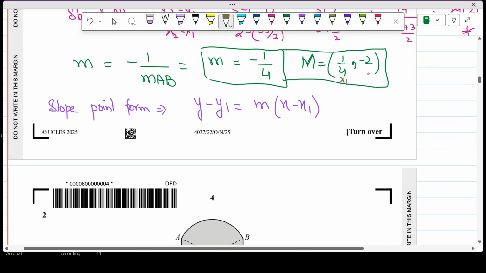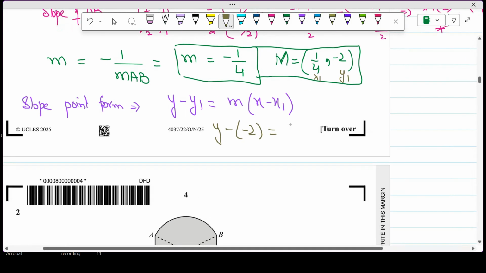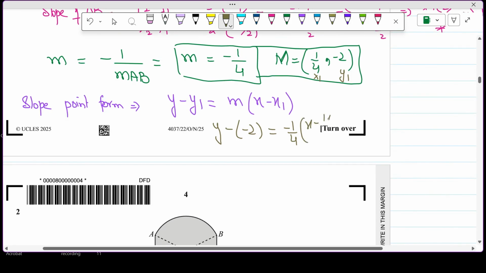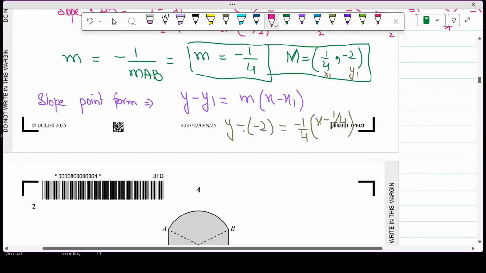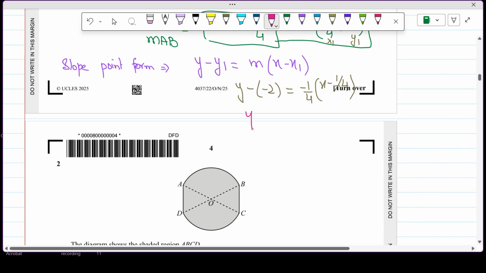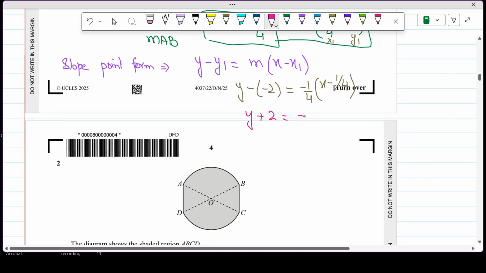This one is x1, this one is y1, and this one is the slope. So y minus y1 means y minus -2 is equal to the slope, which is -1 over 4, times x minus x1, which means x minus 1 over 4. So the equation of the perpendicular bisector is y plus 2 is equal to -1 over 4 x plus 1 over 16.